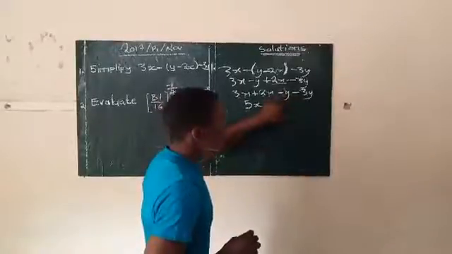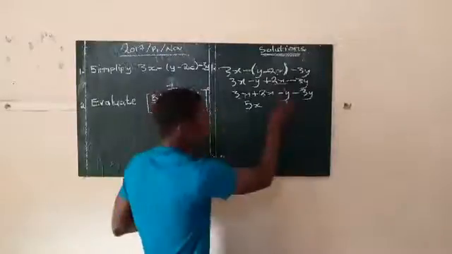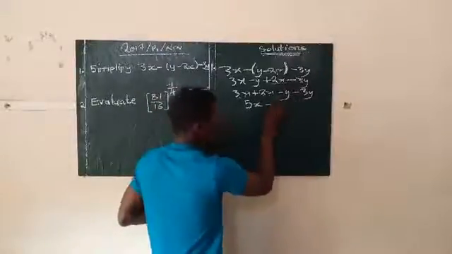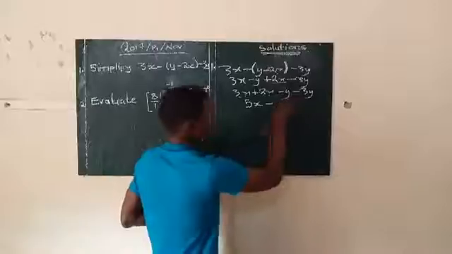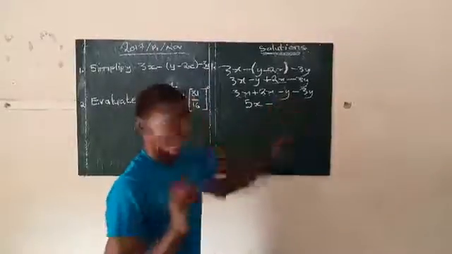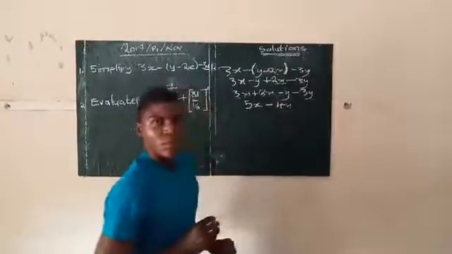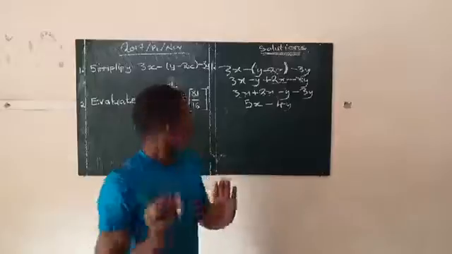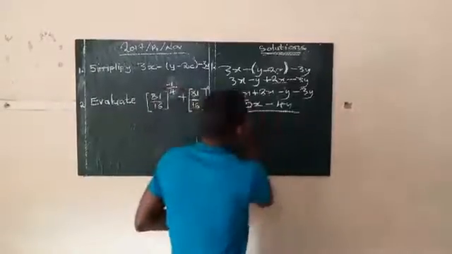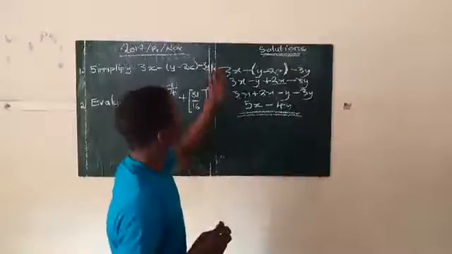So the 1 and the 3, we add them. We bring the negative sign down because these are all negatives. Then 1 plus 3 is 4. That is our 4y. It has become simpler. You can notice that this is our final answer, because it was that complex one, but now it is simpler.